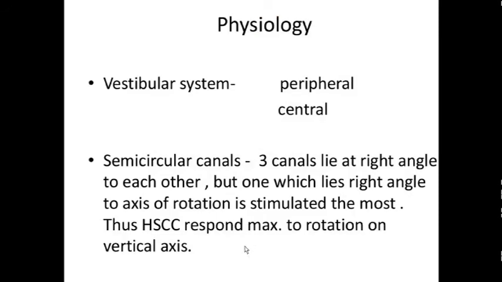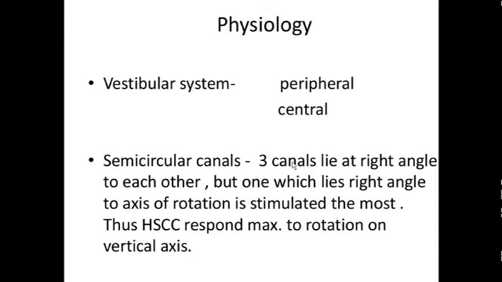So we know there are 3 semicircular canals. How do they actually help in balance of our body? What is their role? These 3 canals lie at right angle to each other, and the one which lies at right angle to the axis of rotation is stimulated the most.